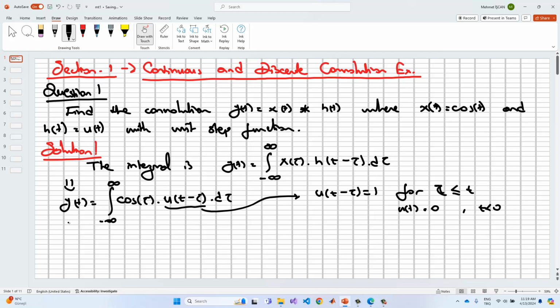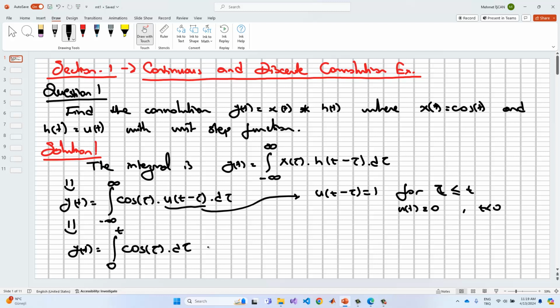So this simplifies, and y(t) is the integral from 0 to t, because we have the condition tau is smaller than t, of cos(tau) d tau. The limit is 0 because u(t) is 0 if t is smaller than 0.